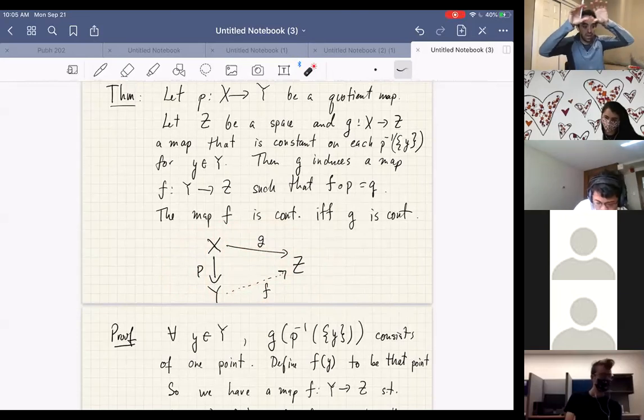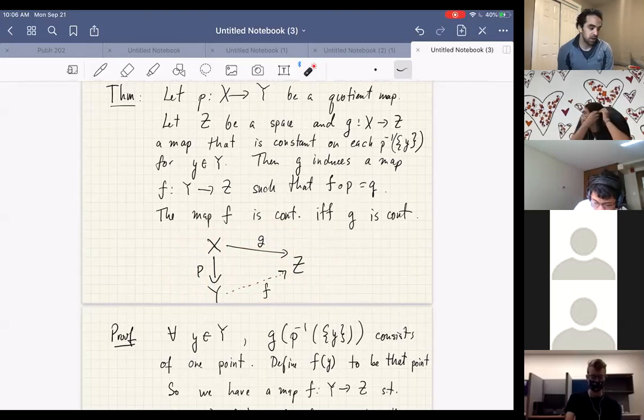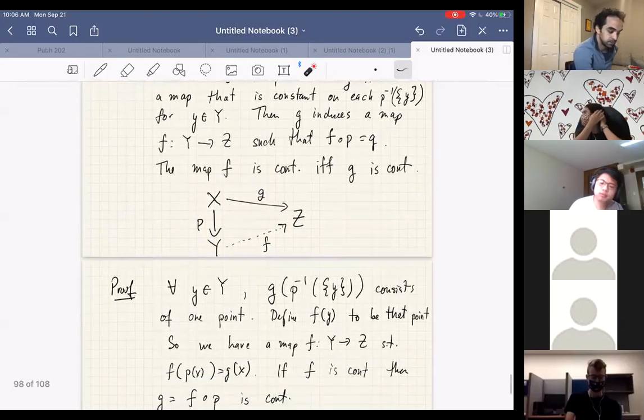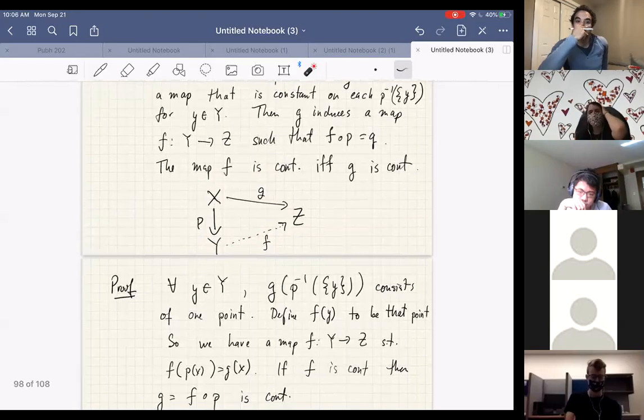If you have a map upstairs, then it descends to a map downstairs with the same target or range, Z. And this uses the fact that P is a quotient map. Questions about this statement?